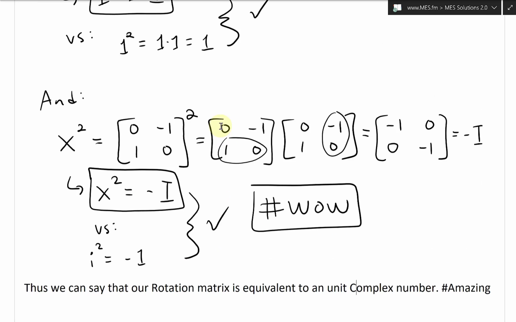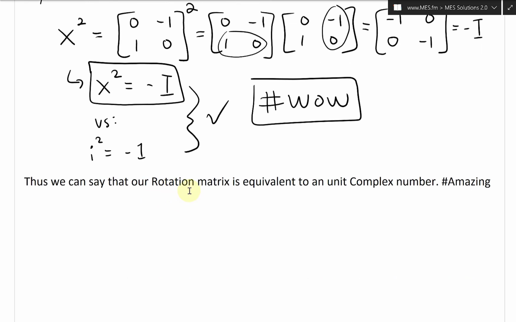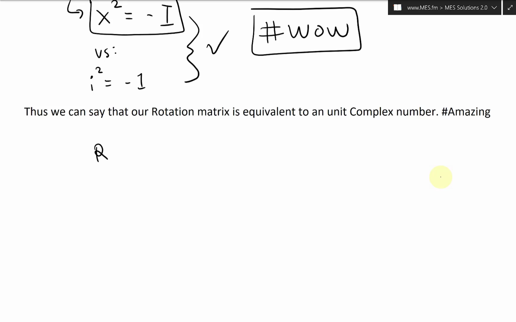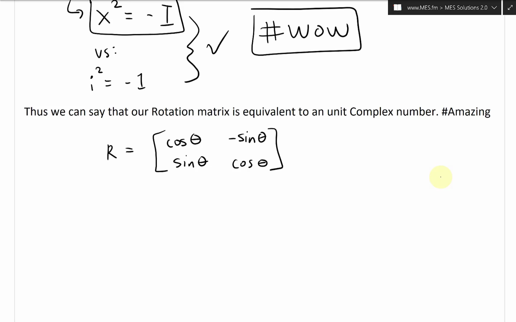Alright, thus we could say that our rotation matrix is equivalent to a unit complex number. Hashtag amazing. So what we can do is write this out as R equals [cosine theta, negative sine theta; sine theta, cosine theta].